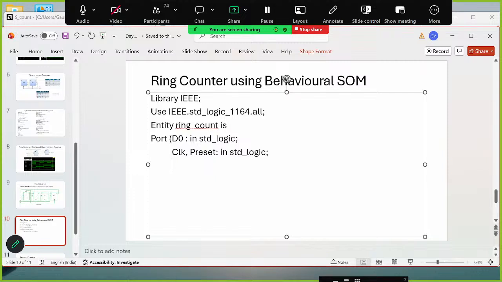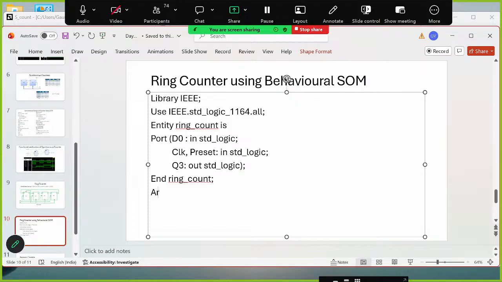Then I need Q3 simple as output, out std_logic. Simple. Just I have written the entity, ring_count.